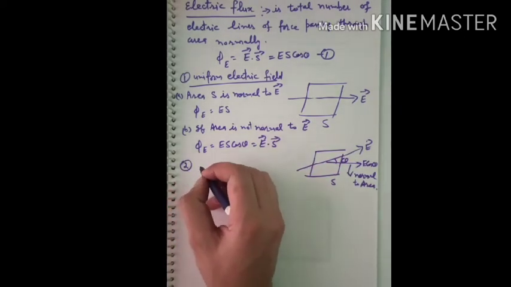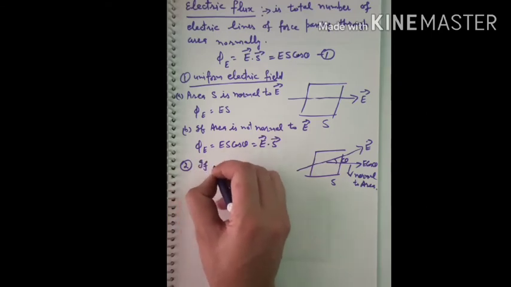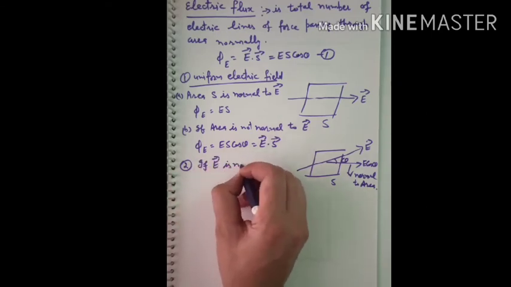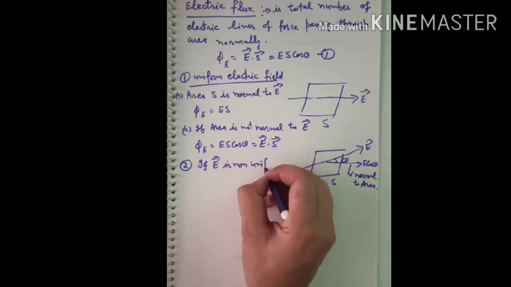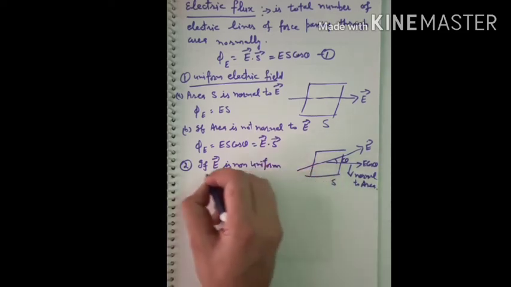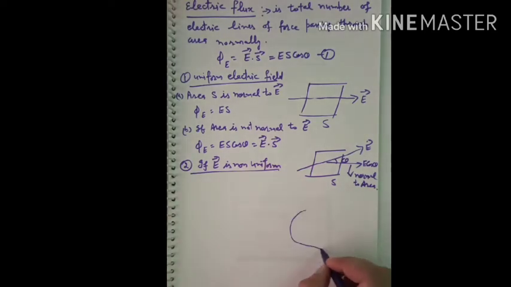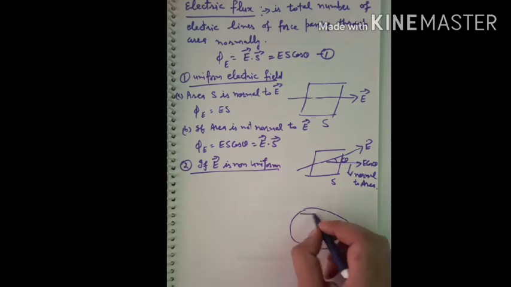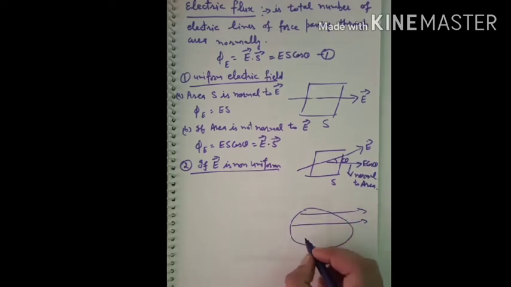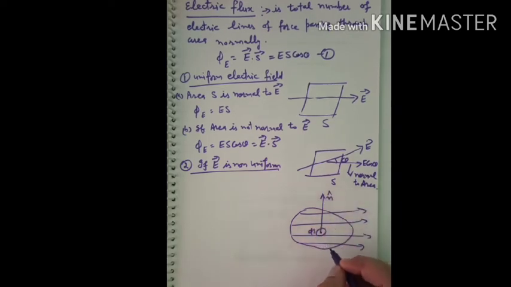In the second case, if electric field is non-uniform, the flux through a small area ds, suppose this is the surface area, these are electric lines of force, meaning flux. Say that this is small area ds and area vector is normal to this area. E is electric field. The angle between these two is theta.